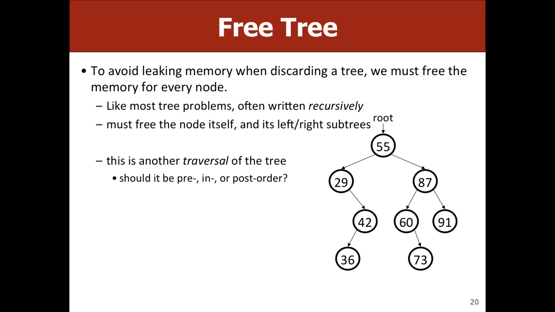Yeah, the idea is we need to first make sure there's not any children who need to be cleaned up before I delete myself, because if I delete myself, I lose access to those children. And so that's not doing a great job freeing the tree. We just free the root and nothing else. So this is an example of where a post-order traversal makes the most sense.